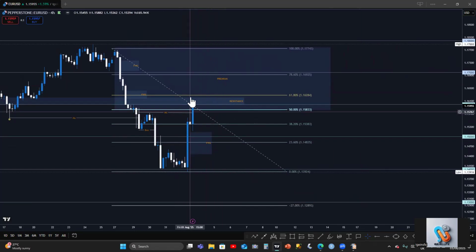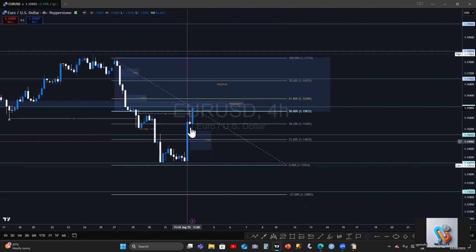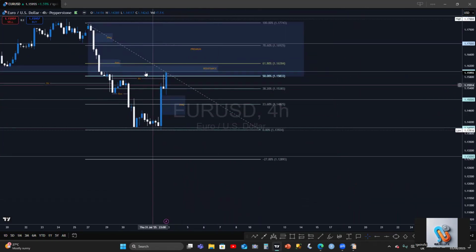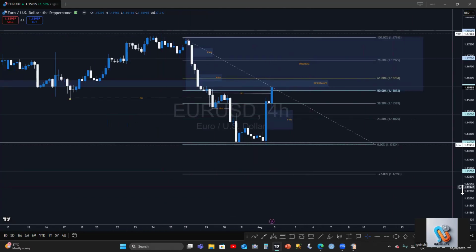We'll wait for this push, this impulsive phase, to end. Once it has ended, the pullback is coming, and we'll see if it's going to respect this level. Once that is done, we'll buy.